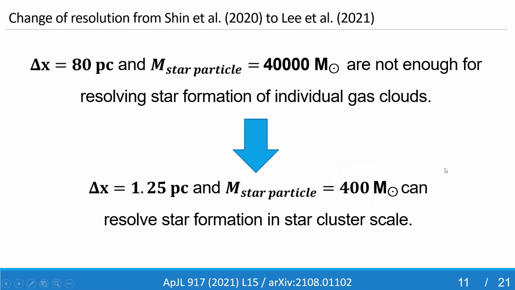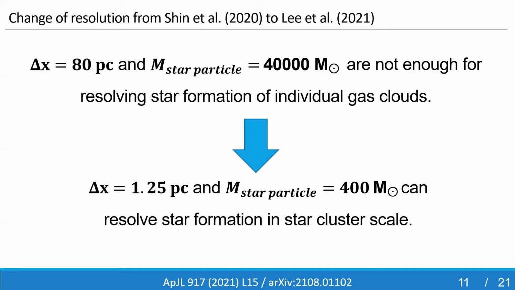So far, by using 80 parsec resolution from our previous research, Shin et al. 2020, we successfully presented the formation of galaxies without dark matter. However, a spatial resolution of 80 parsec and mesh resolution of 40,000 solar mass are not enough for preserving star formation of individual gas clouds.